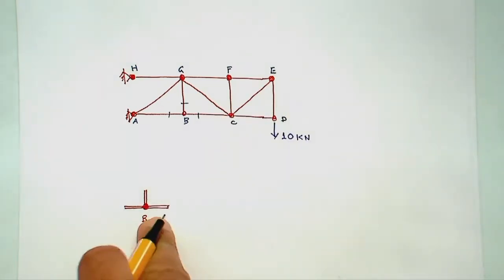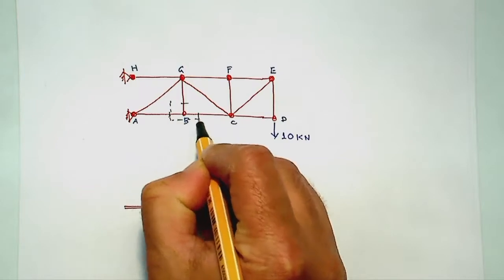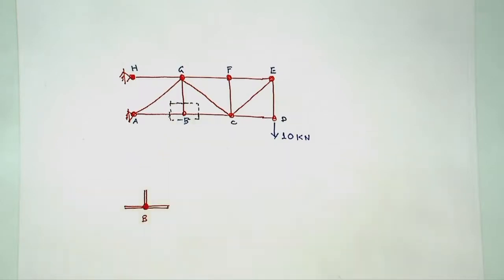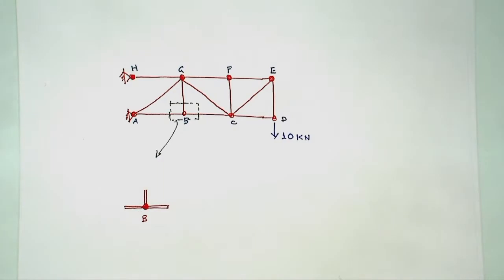So this is the free body diagram of joint B. I have cut in this way and isolated joint B.